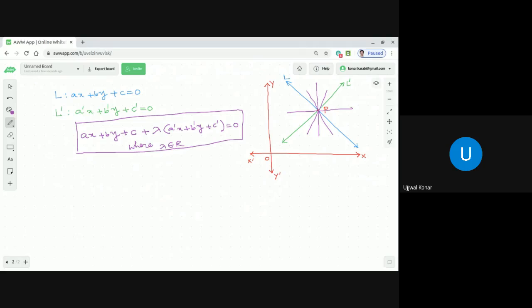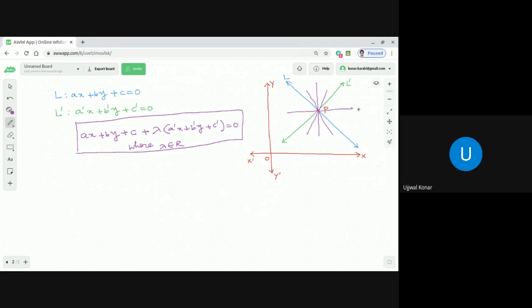Then, as lambda belongs to R, as you vary lambda you will get different straight lines, and hence you get different equations. Correct?